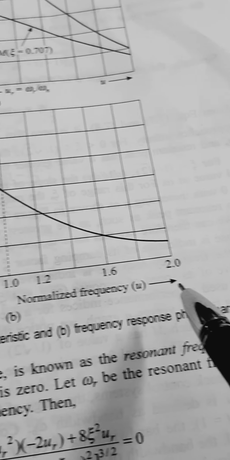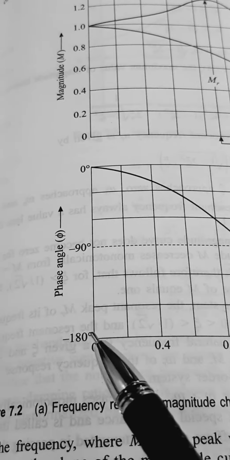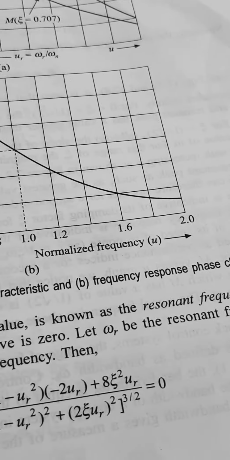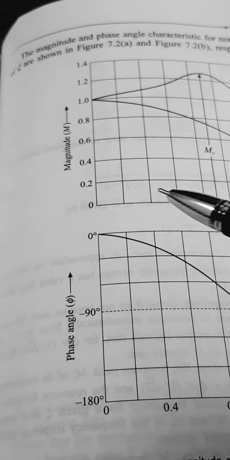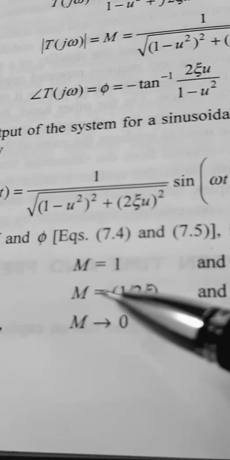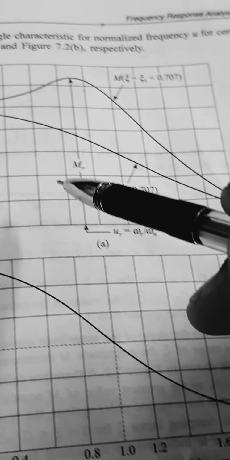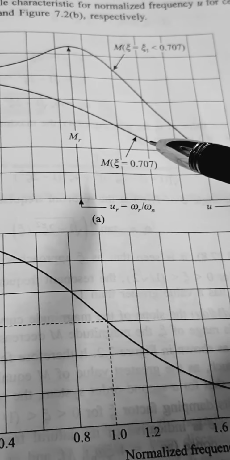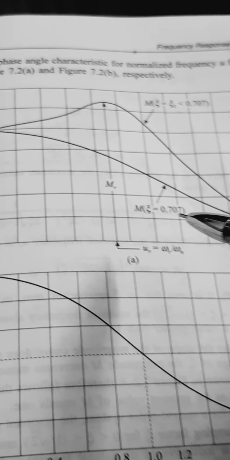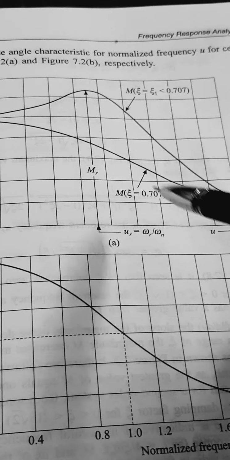At the same time, when normalized u is equal to 0, phi is equal to 0. When u is equal to 1, M is equal to 1 by 2 xi, and if xi is equal to 0.707, you get a graph like this.